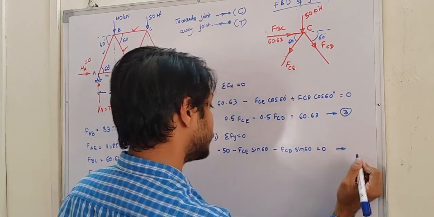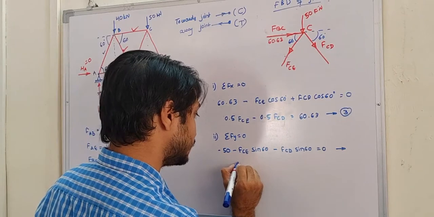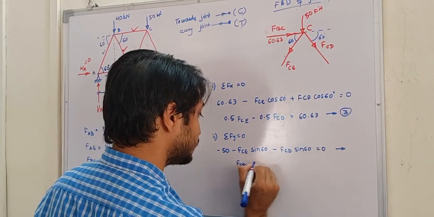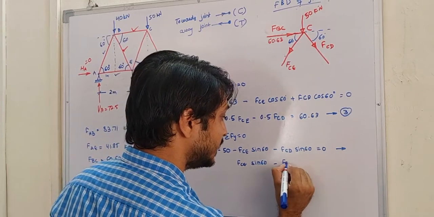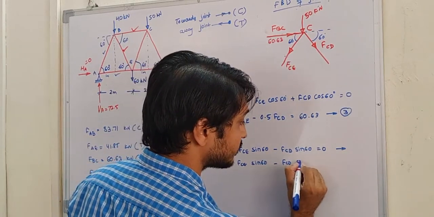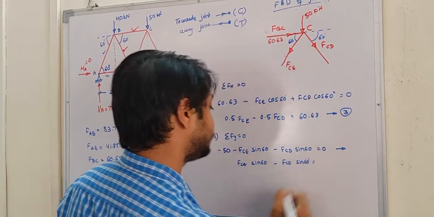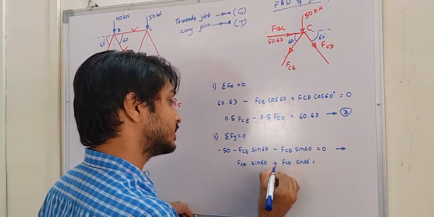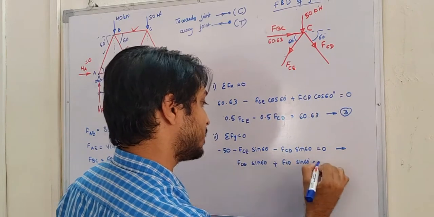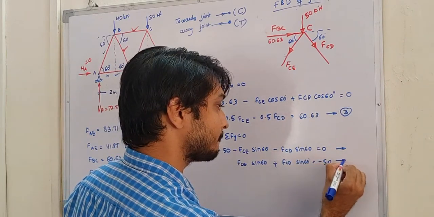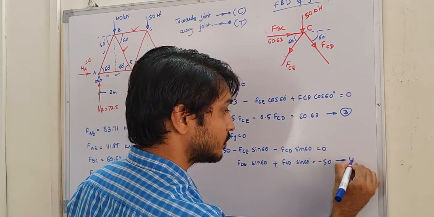Let me call this as equation number, or I'll just rewrite it. FCE sine 60 minus FCD sine 60, minus of minus plus it is, which is equals to, if I send this to the other side, minus 50. Let me call this as equation number 4.